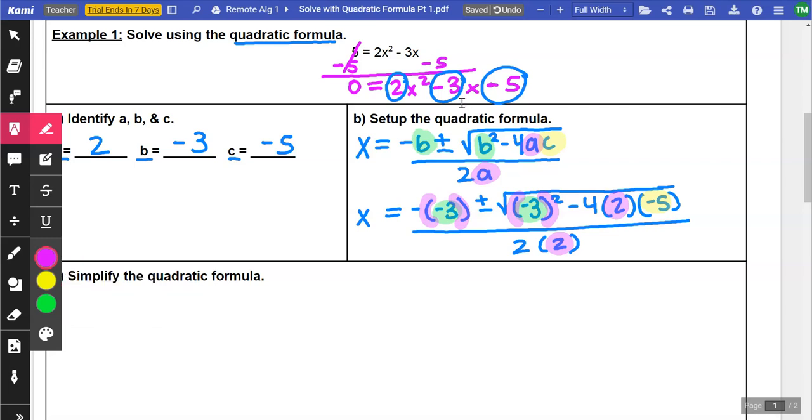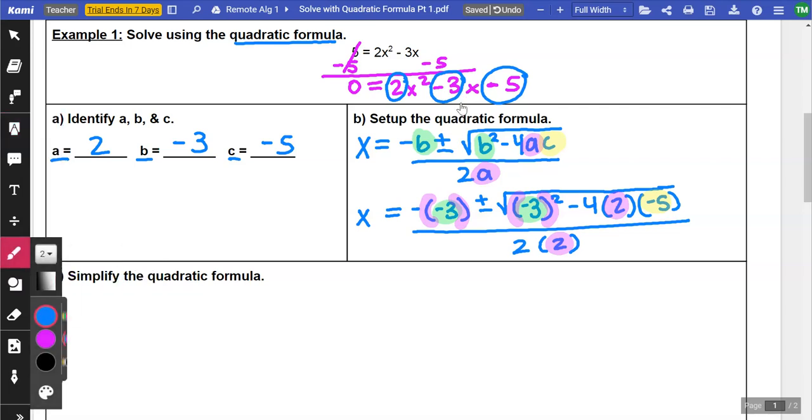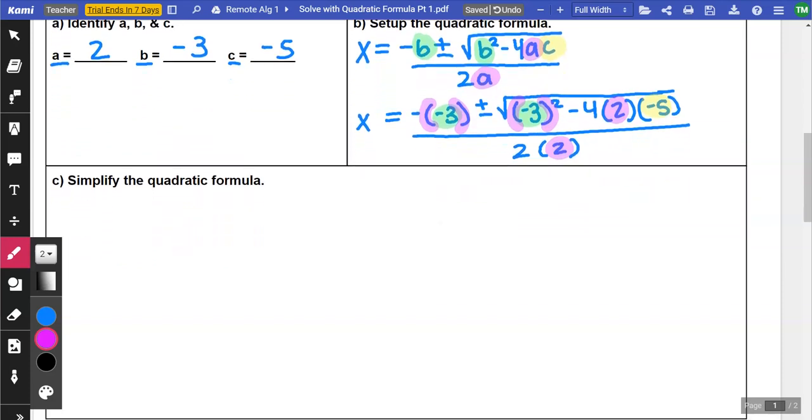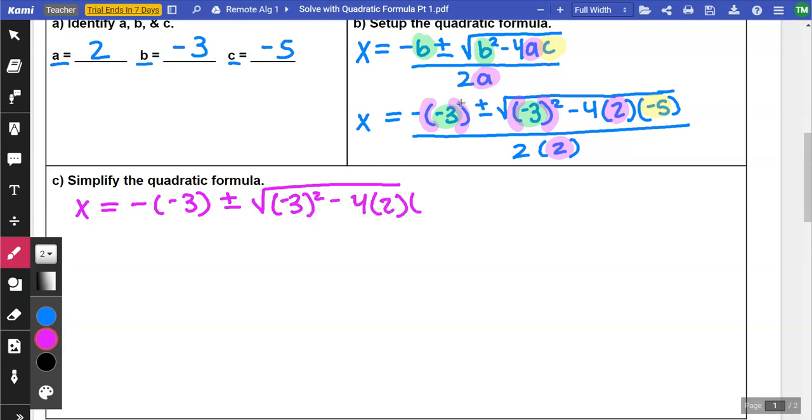All right, in the last step, we're actually going to go ahead and simplify that equation. So we're going to simplify x equals the negative of -3 plus or minus the square root of -3 squared minus 4 times 2 times -5, all over 2 times 2.